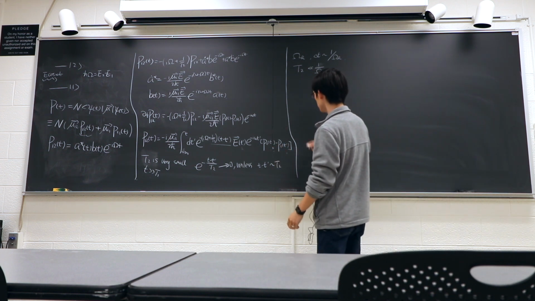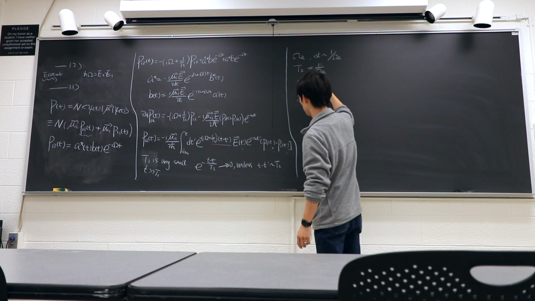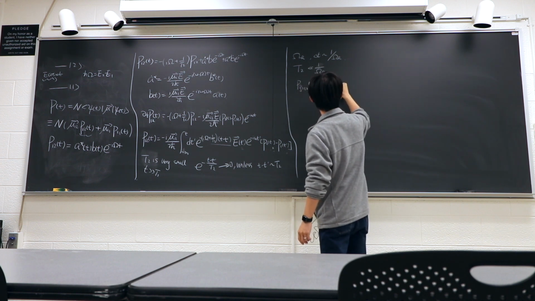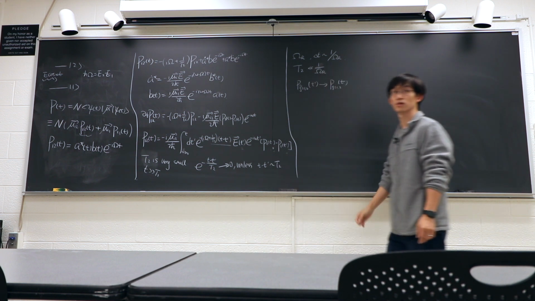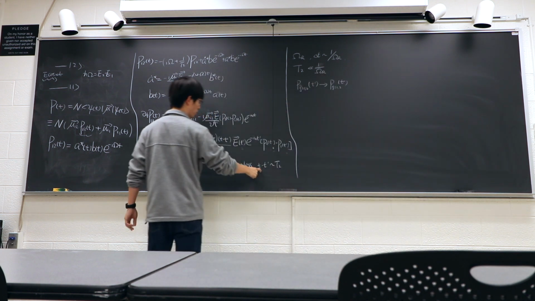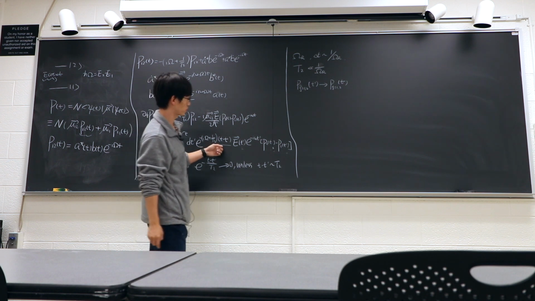So in the integral, let's see, P_j for j equals 1 to 2 at t prime. Only when t prime is close to t does this not go to 0.